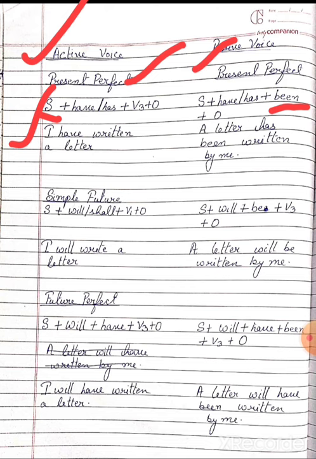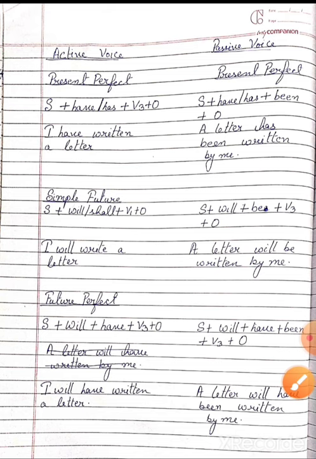What we have done is make the object of the active voice the subject. A letter is a singular subject, that is why we are writing has, and after has we need to add been in the passive voice, then V3 written, then by me. I hope you have understood how to change from active to passive. I have written a letter changes to a letter has been written by me.